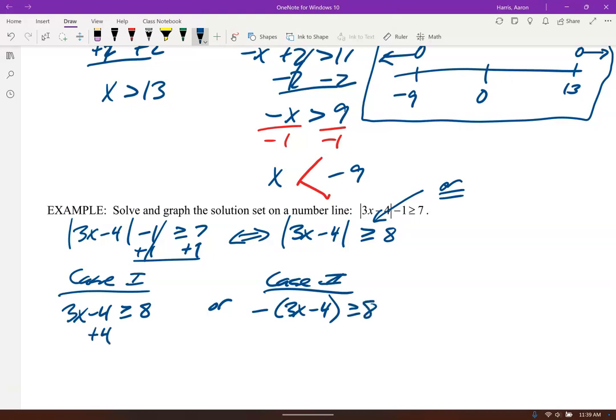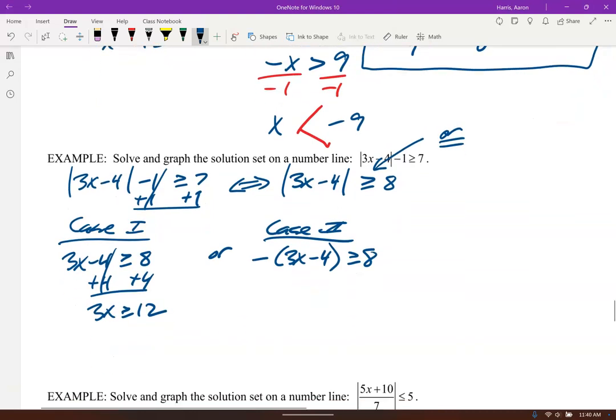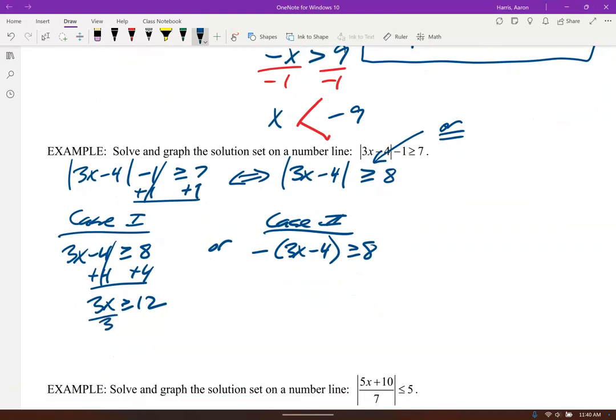and let's go ahead and solve these. Divide by 3, which is positive, so the sense of the inequality stays the same. I'm going to subtract 4 on both sides. Divide by -3. Whoops, somehow I lost my greater than or equal to.